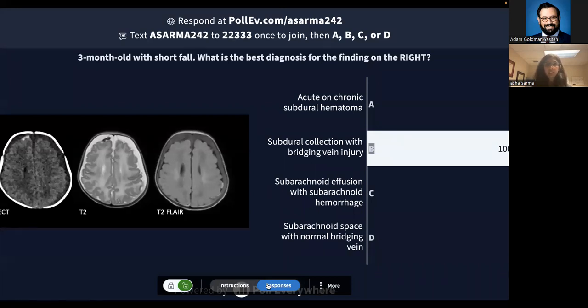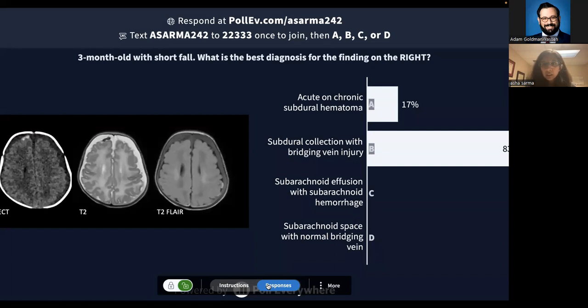Let's see if there are any other takers. Okay, acute on chronic subdural hematoma. Any others?